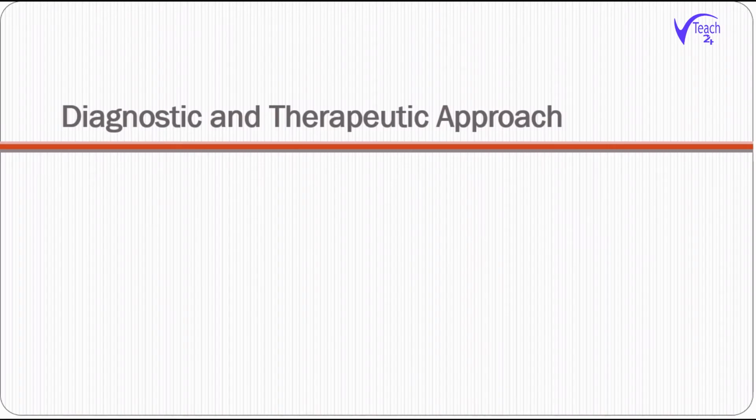For diagnostic and therapeutic approaches, we will discuss both angles from different perspectives. Whenever we receive a patient in the emergency department, we perform vital signs, which include blood pressure, pulse, temperature, and respiratory rate.